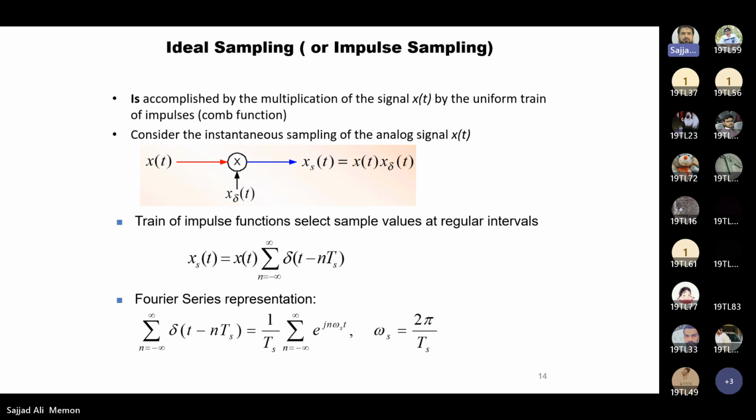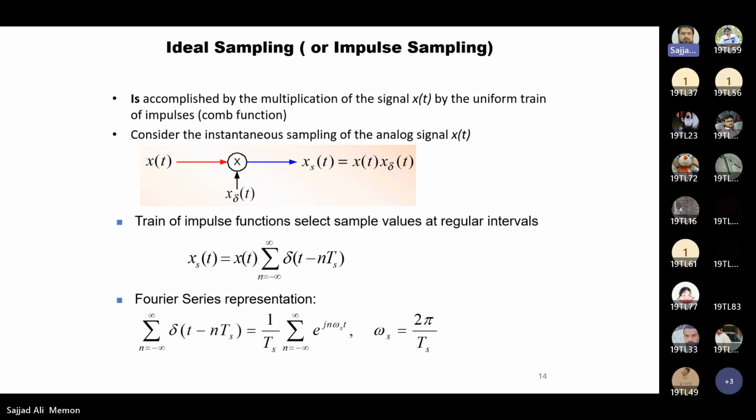So the equation will become, after the Fourier series, 1 over T_s times the sum from n equal to minus infinity to infinity of e^(j n omega_s t), where omega_s is equal to 2 pi over T_s.